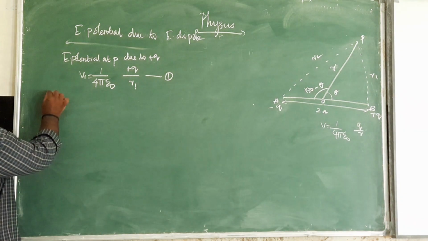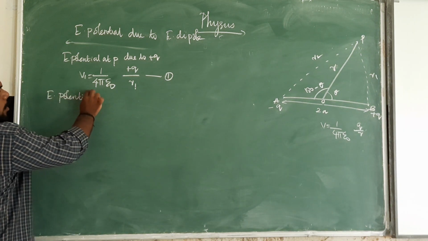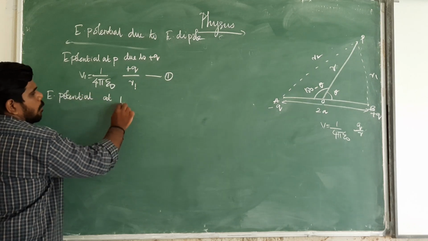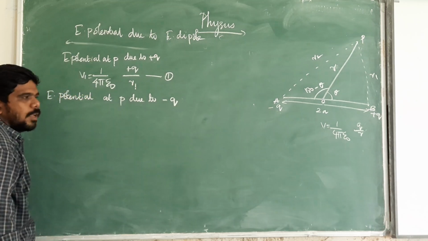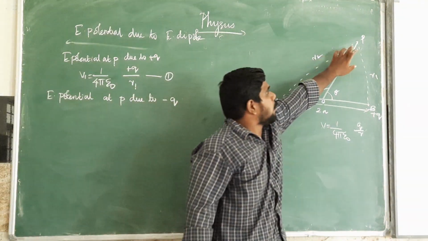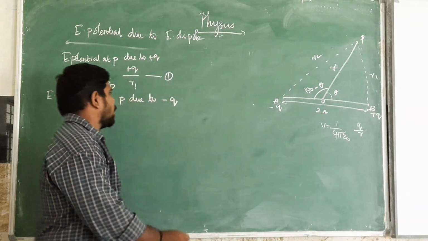Then second, the electric potential at P due to minus q. What do we get?